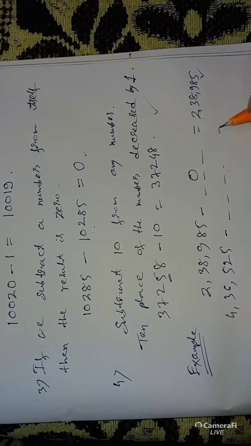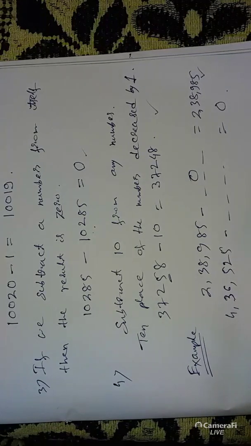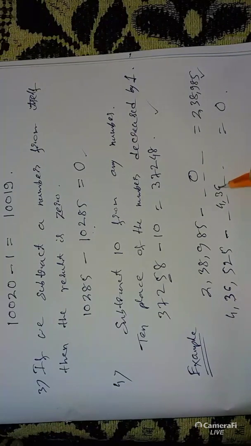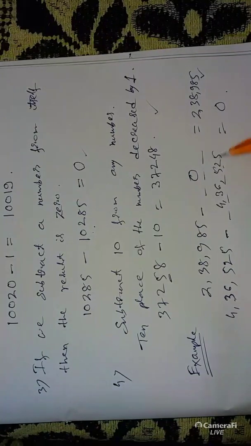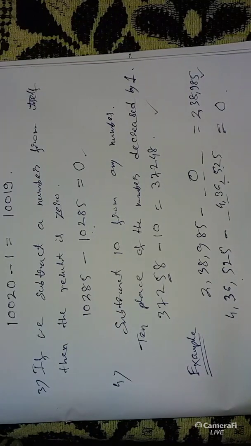Dash number minus this number is equal to 0. From the property of the same number, if we subtract any number from the same number, we get the result 0. So 4, 3, 6, 5, 2, 5 is the result. Because we subtract this number from the same number, we get the result 0.